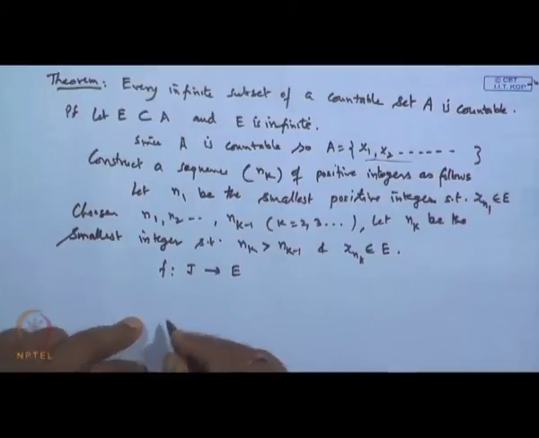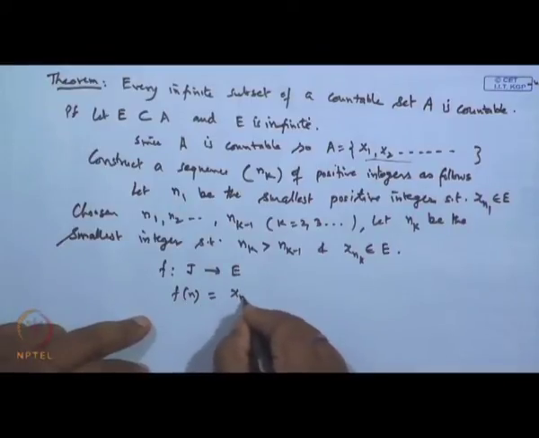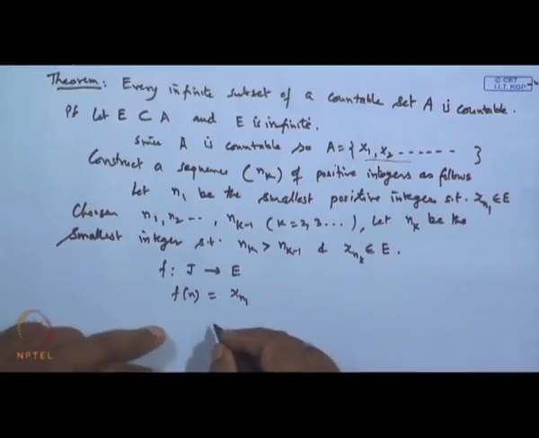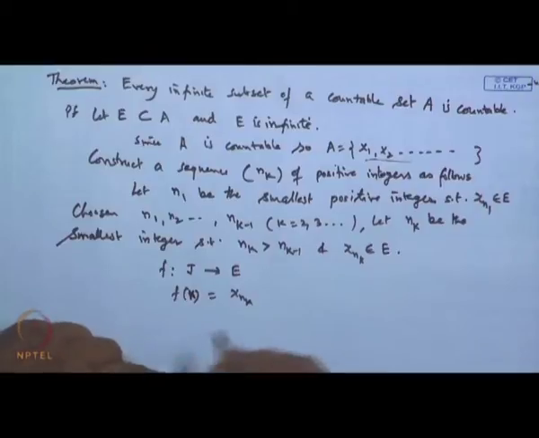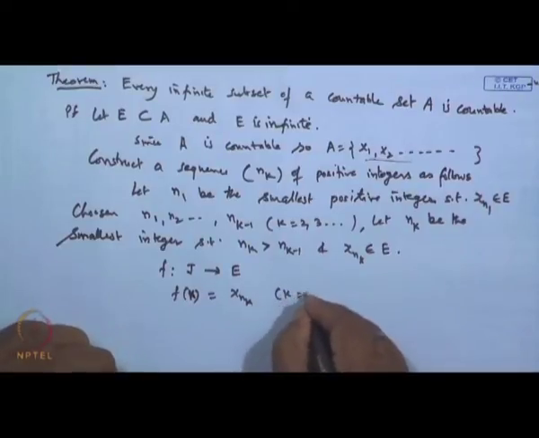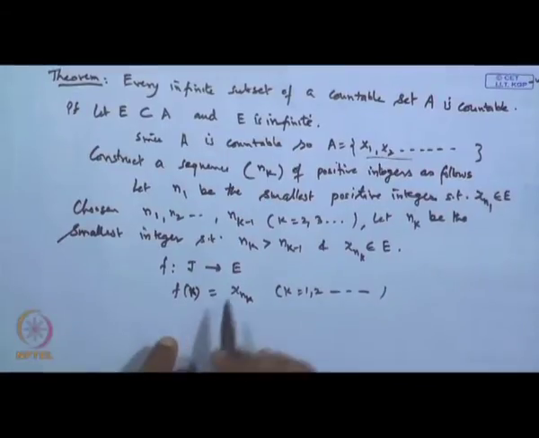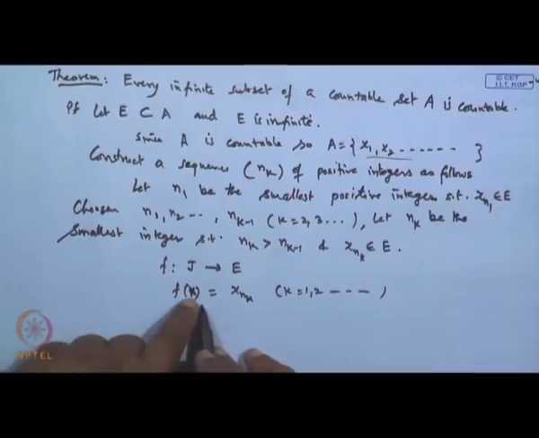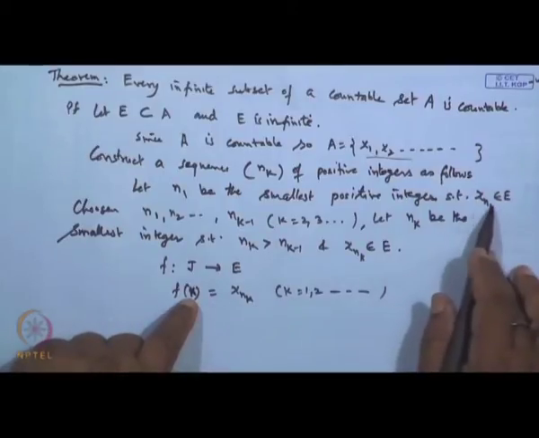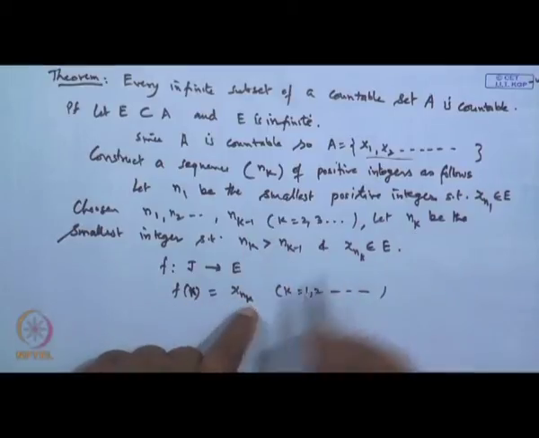So, now let us introduce the function f from J to E. Let us take f of k as x of n_k, where k is 1, 2, 3 and so on. Then what we see here is there is a 1 to 1 correspondence between J and E, because for k is 1, x_{n1} is in E, for k is 2, x_{n2} is in E, x_{n_k} is in E and like this.